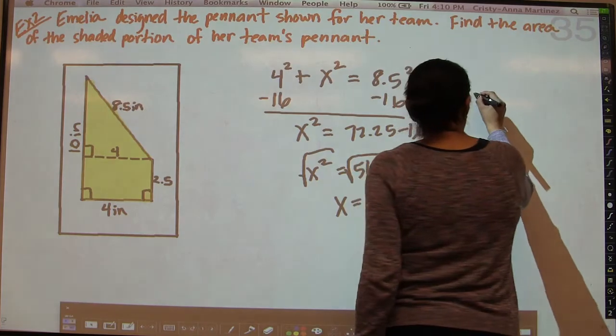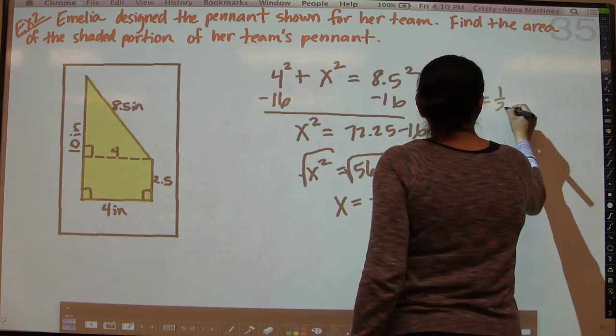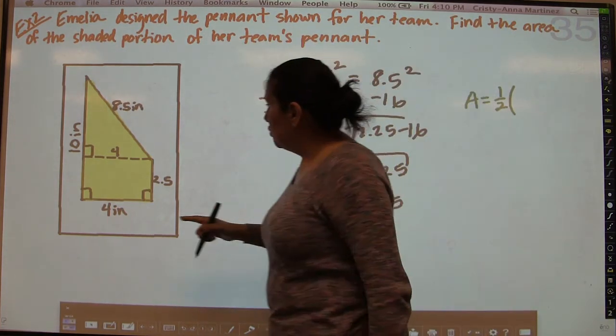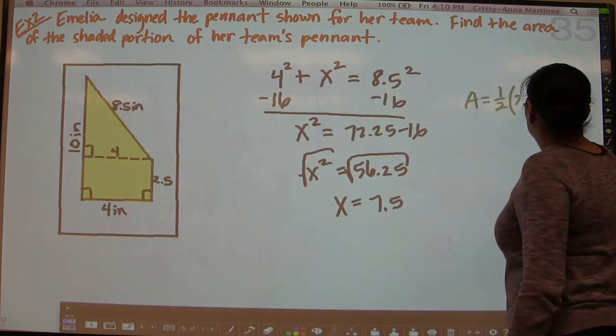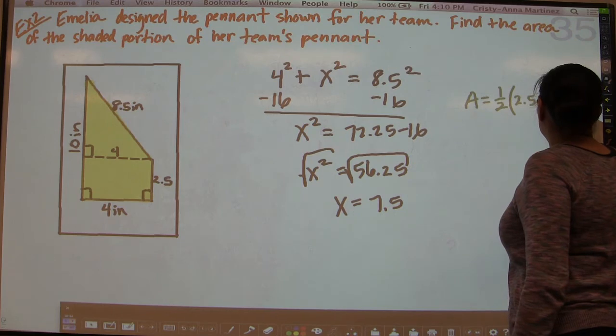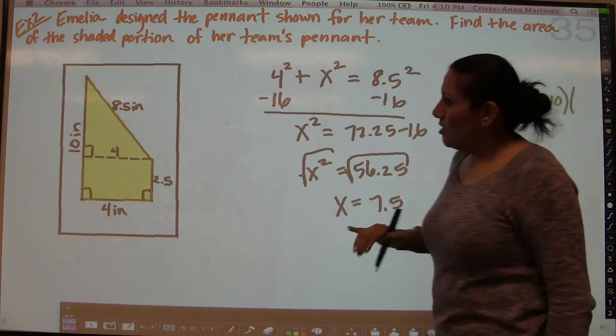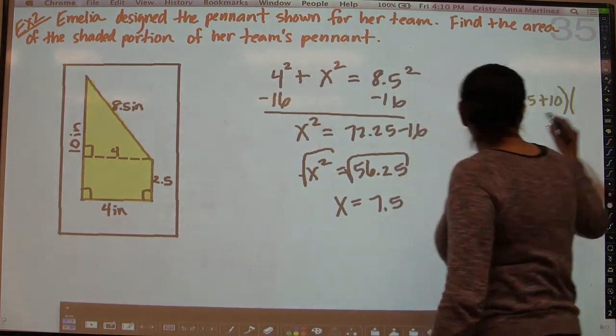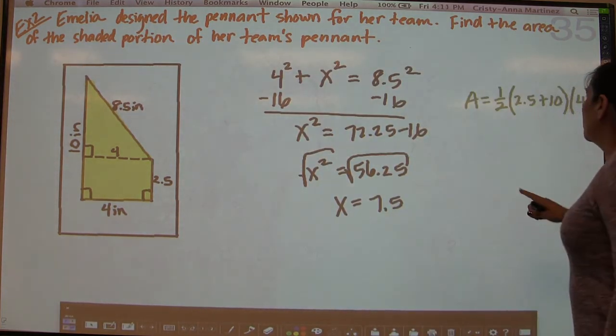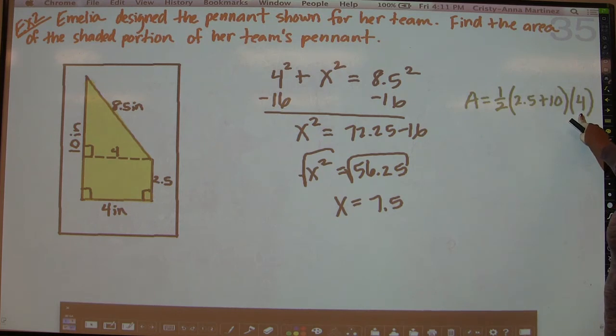So our area for the trapezoid is going to be 1/2 the sum of the two bases. So the bases are going to be 2.5 and 10, thanks to our Pythagorean theorem. And our height, because you want it perpendicular to the bases, is going to be the 4 inches. So now I'm going to take the 1/2 and the 4, which is 2.